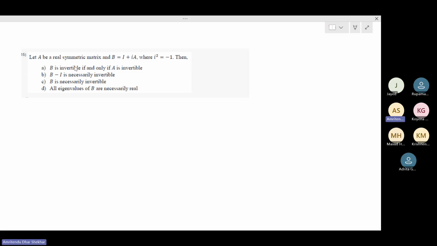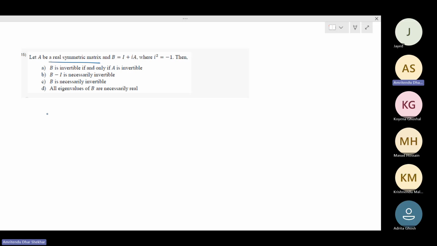Now, what can we say about B and A? Notice that we'll use the properties of real symmetric matrices here. If A is a real symmetric matrix, it is necessarily diagonalizable.